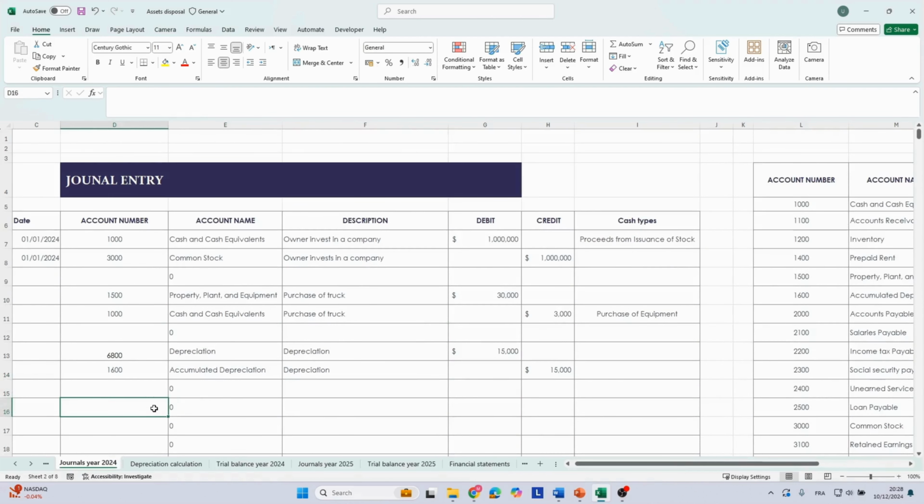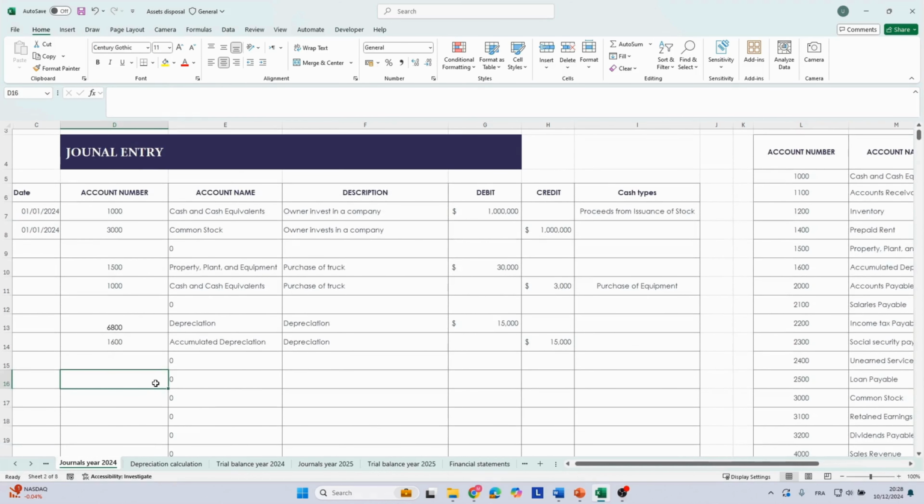Next, we have information. The company sold the truck for 18,000. So here, the first thing that we need to do is to cancel the depreciation. So we cancel the depreciation.